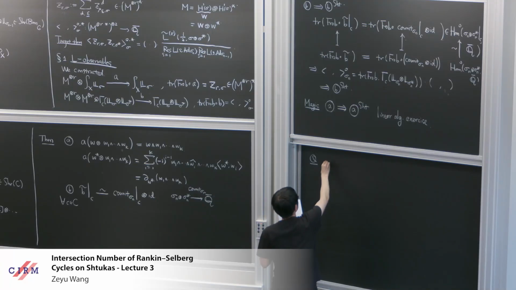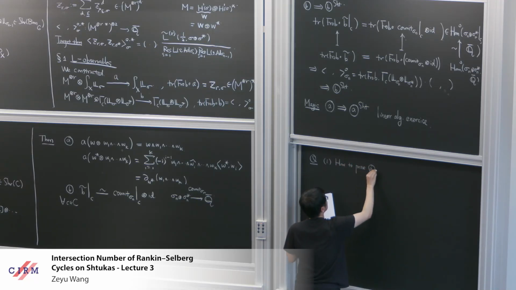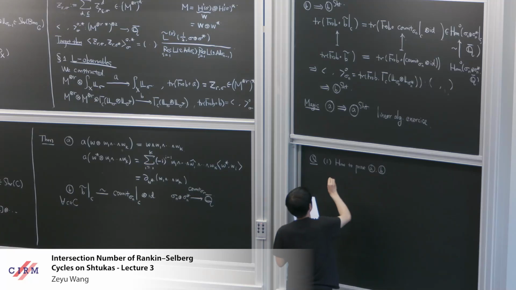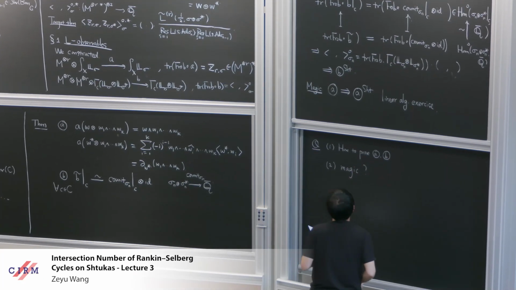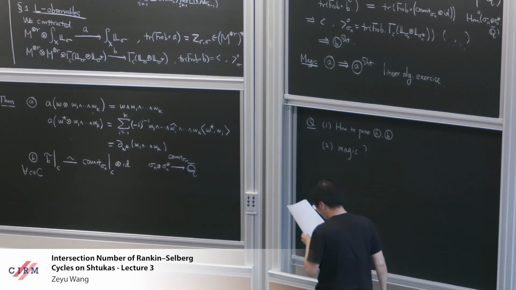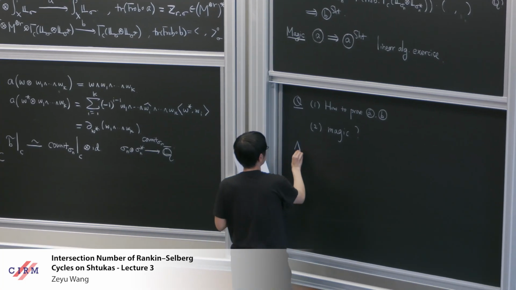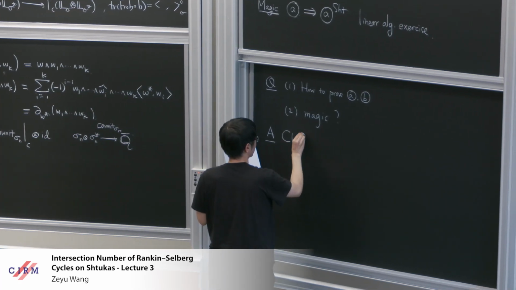So we have the following questions. First is how to prove A and B. This is the first question, and the second question is, of course, why you have this magic. It turns out that both questions have the same answer because of the Clifford algebra.